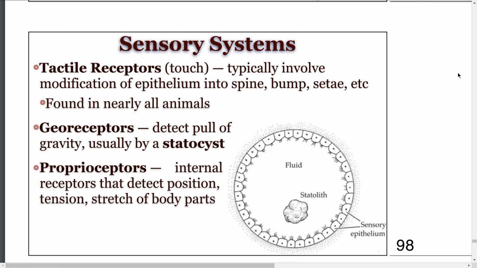In more complex animals like humans they can take a wide variety of forms, but a lot of them are fairly simple. They may just be simple exposed nerves that, if you stretch them, trigger an action potential, that kind of thing.